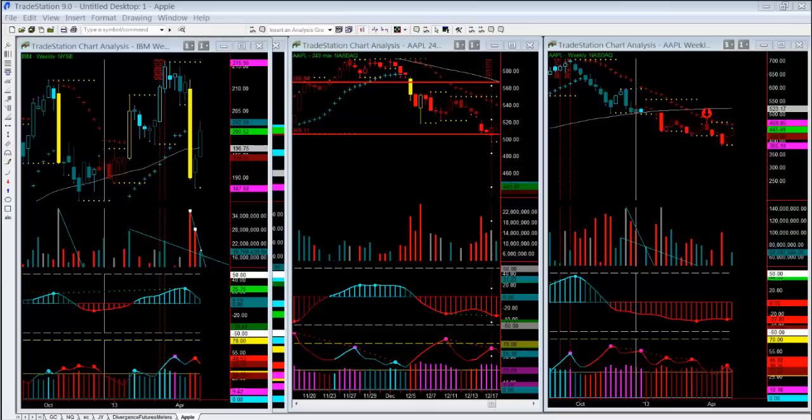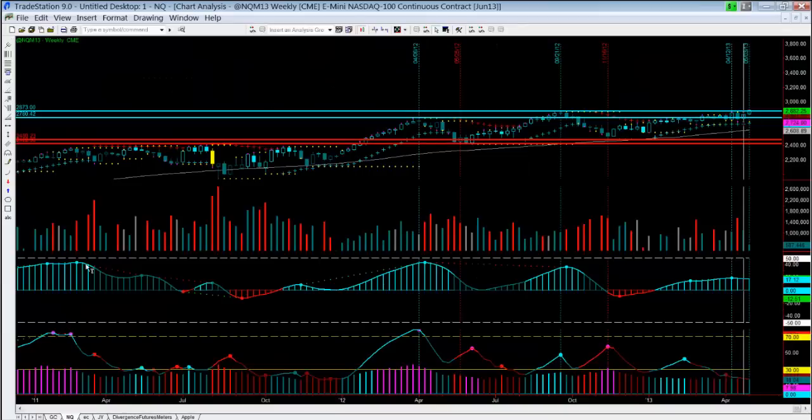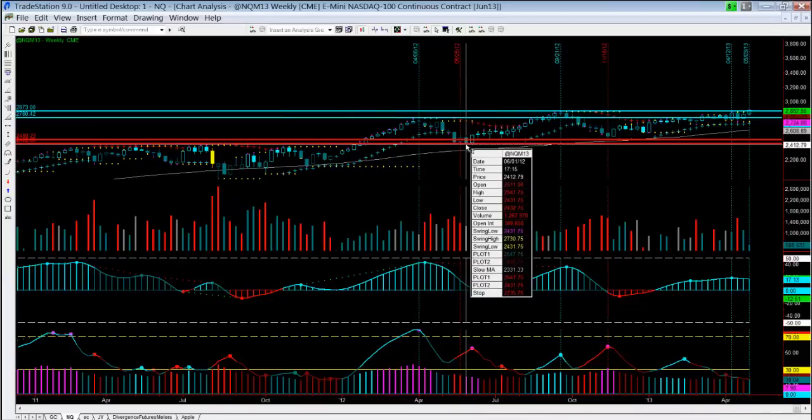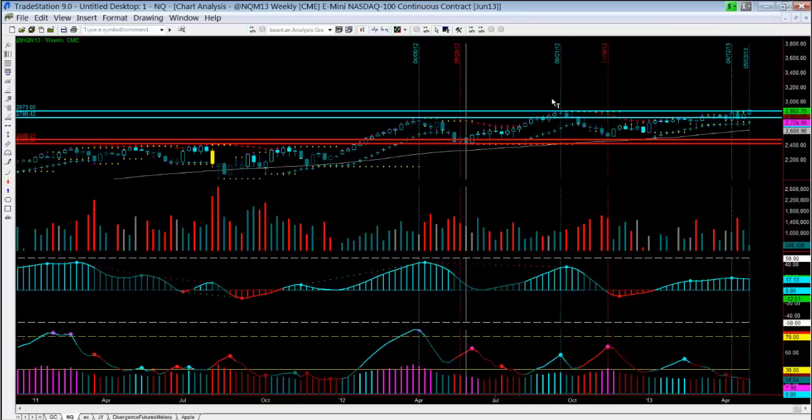How do you define congestion? Well, the easiest way to me is when you see it making a high and a low and it stays within that range. Typically when I see congestion, Artemin, I'll mark this high, I'll mark the low, and then I want to see what it does when it comes back to that high area.